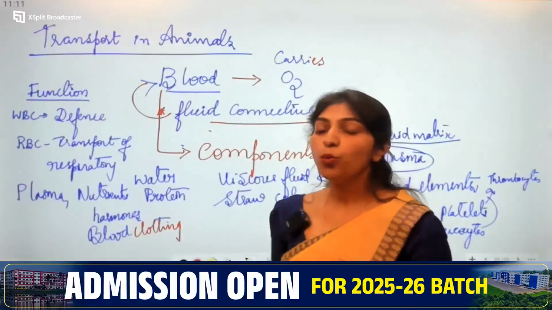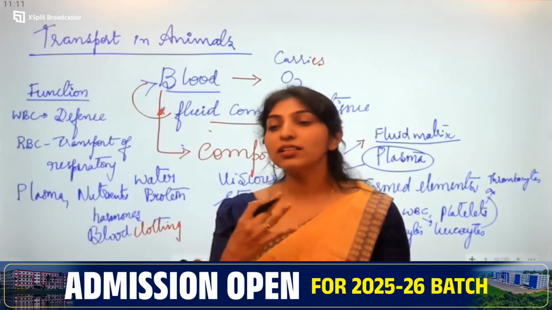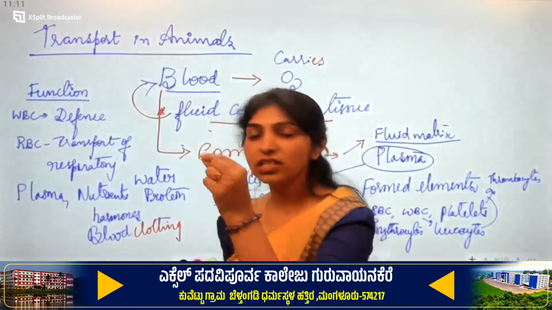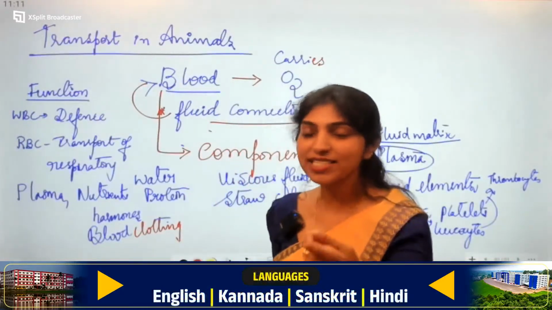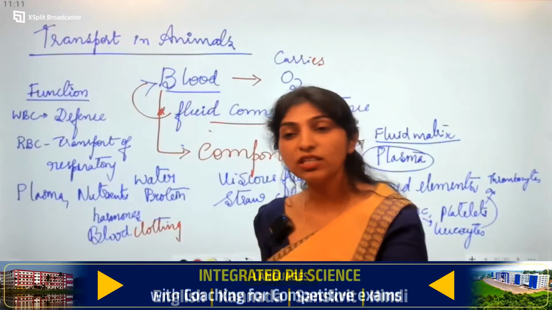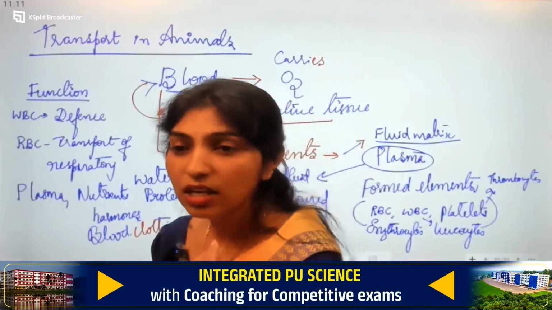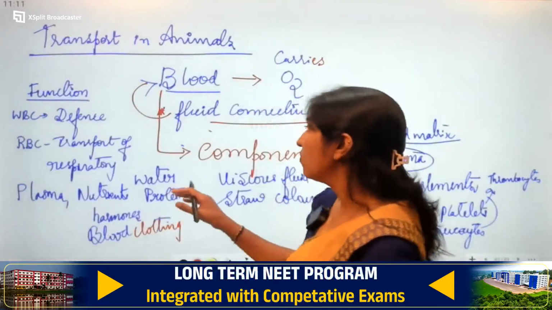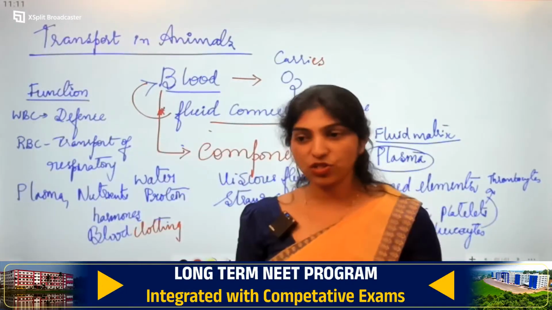Now, why does our body require this transport mechanism? In certain regions of our body the tissues or the cells get damaged. For the repairing of the cells, or to meet the requirement of nutrients for the various parts of the body, we require this transport system. Is it clear?